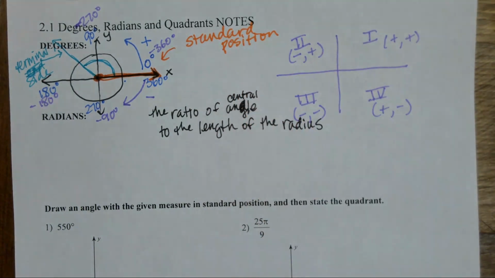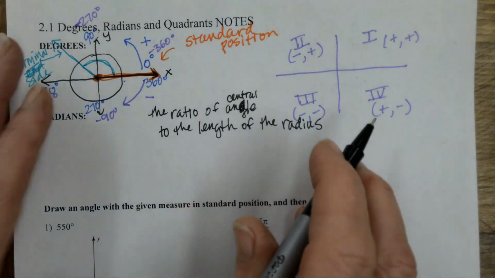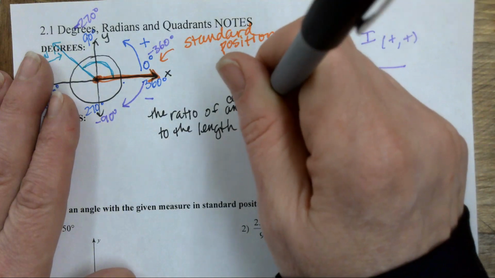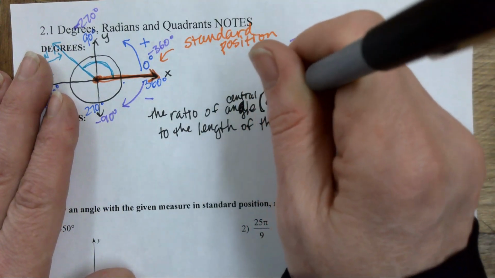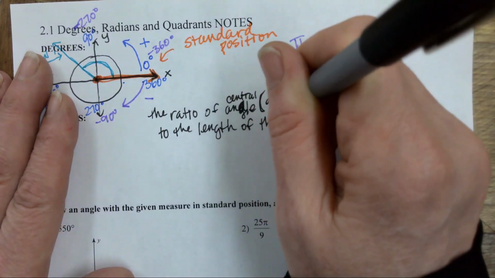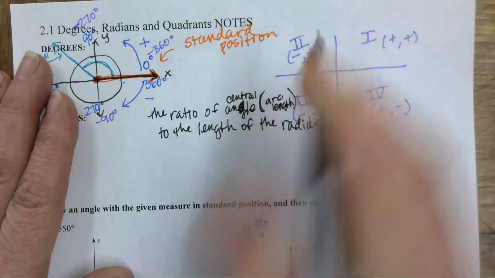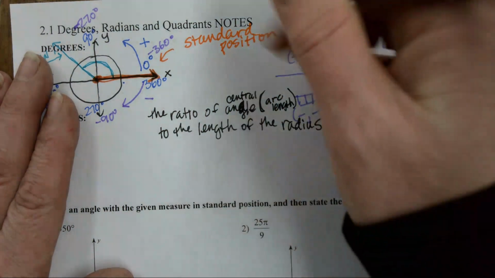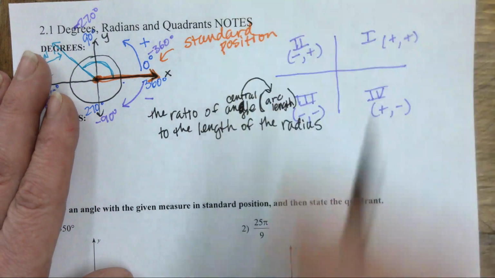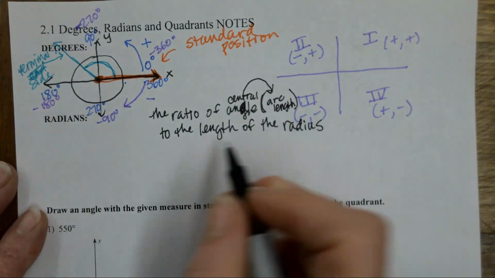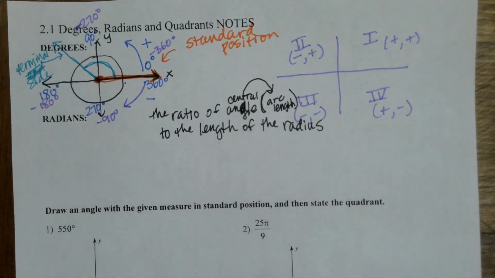Okay, so it's just a ratio or a fraction of the central angle, which translates to its arc length. So the ratio of the central angle, which translates to the arc length, to the length of the radius.